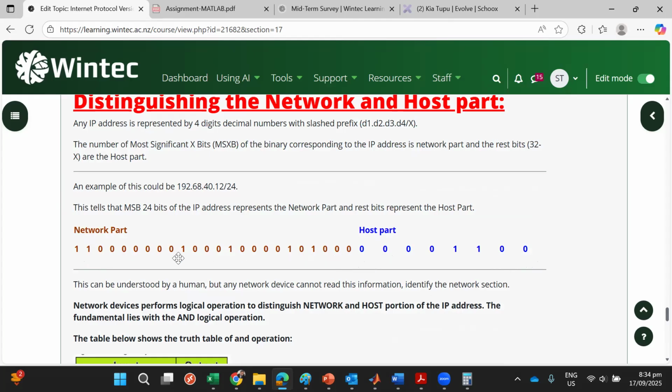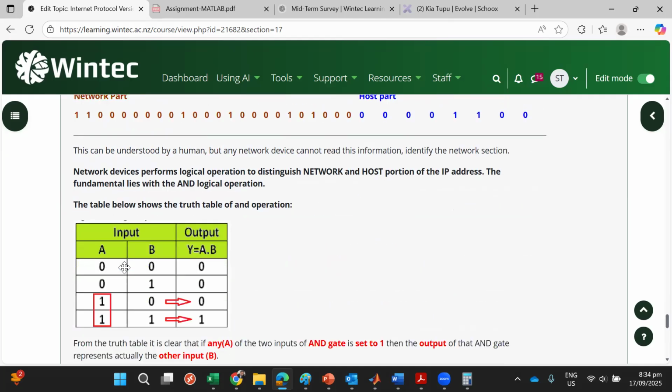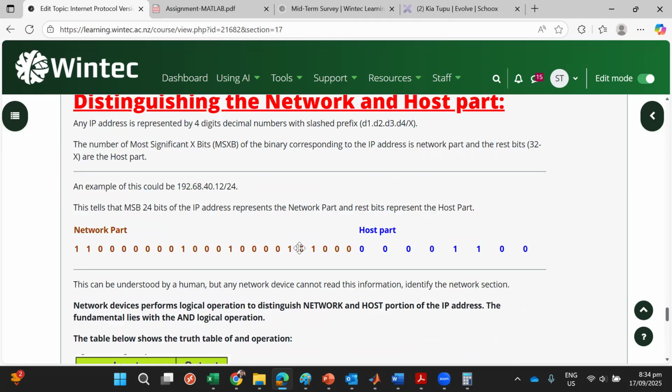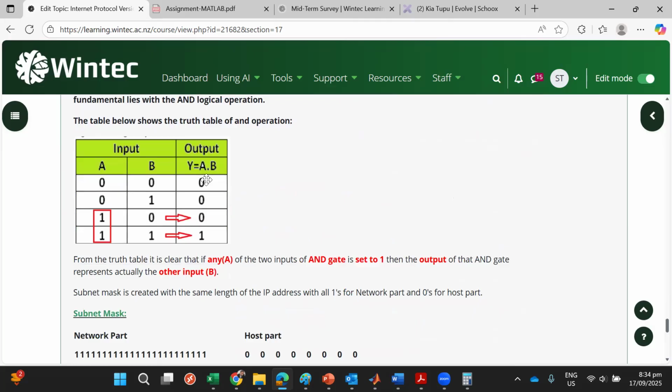So I set the network part to all ones, and the output will then depend on the IP address. And if I set the host part to 0, then whatever the host value is, the output will be 0, because if one input is 0, it does not depend on the other input. It makes everything equal to 0.